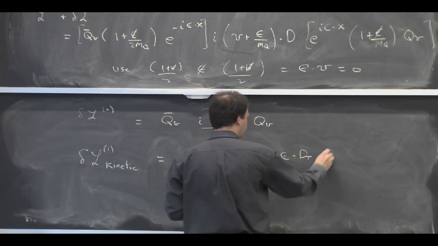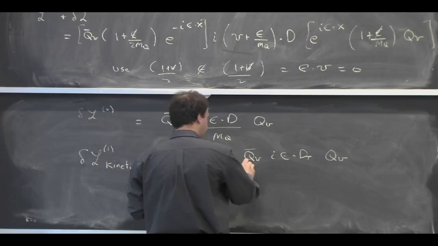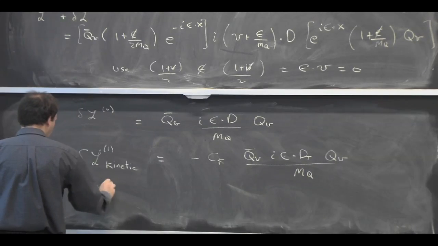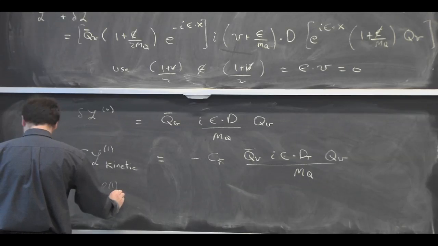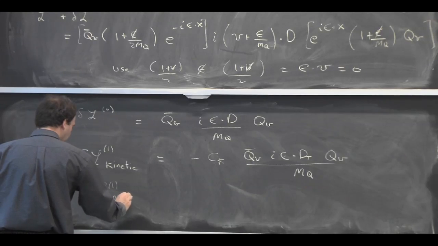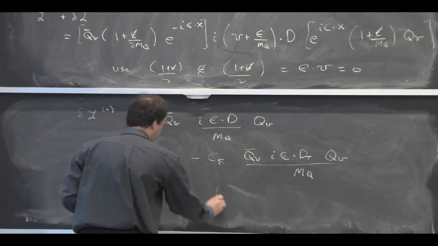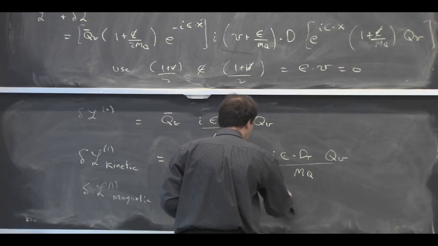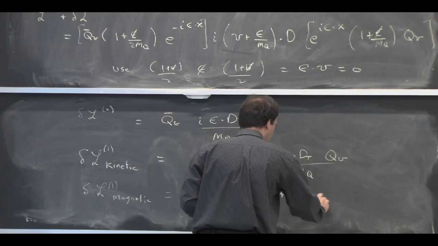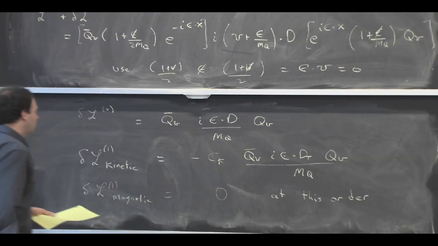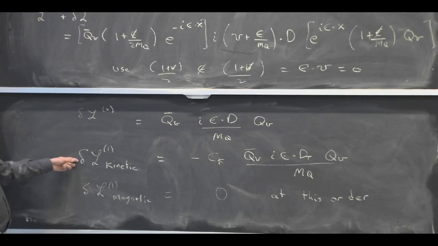That's non-zero. If you go through the leading order change to this, as well as the magnetic piece, you find that the magnetic one is 0 at this order. It's non-zero at higher orders, but at this order it's 0. And the kinetic one does have a transformation.